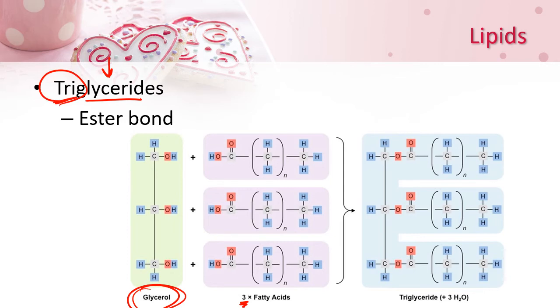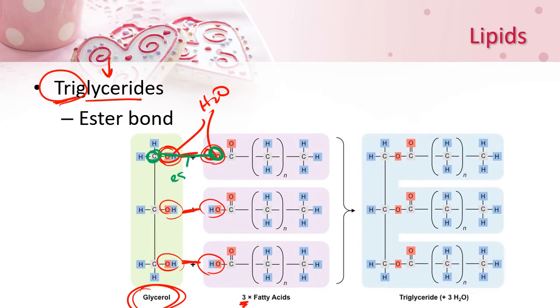So glycerol has 1, 2, 3 OH groups, these hydroxyl groups, and I can take the hydroxyl group from the carboxylic acid group of each of the fatty acids and bond these together and make some water in our condensation reaction. So I'm going to take the OH and the H, and that's going to make water.